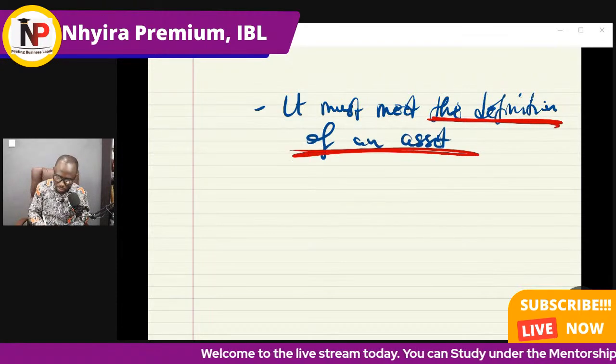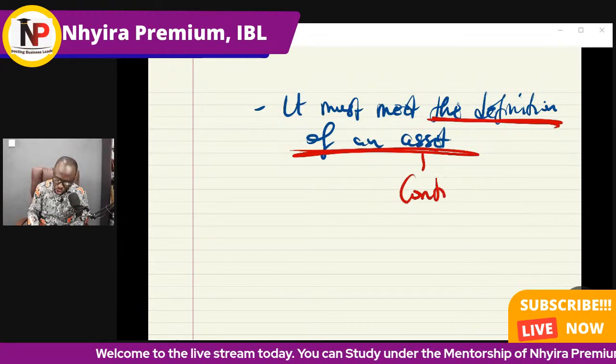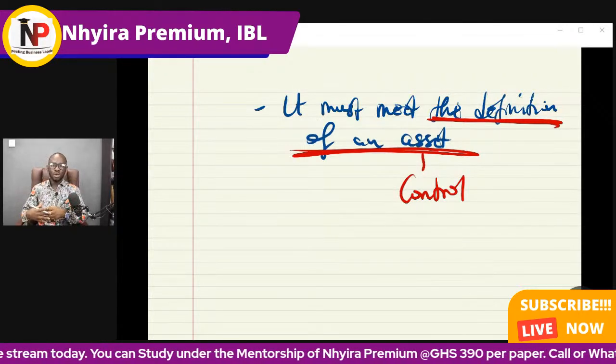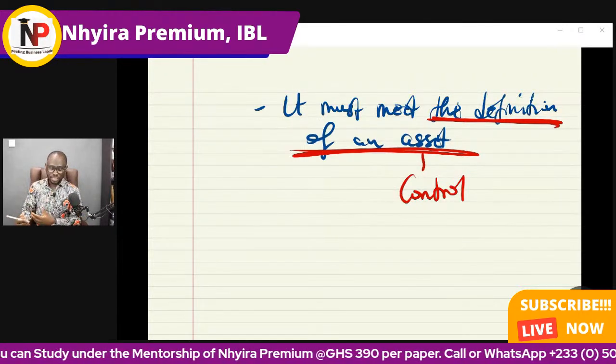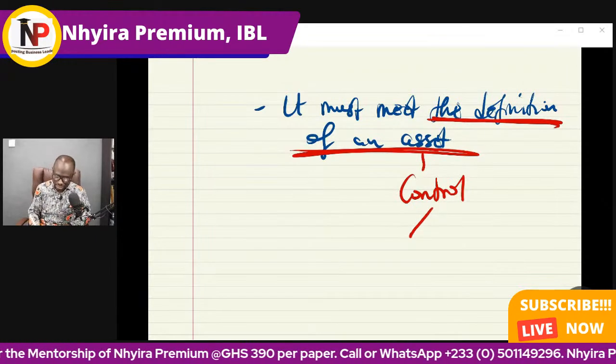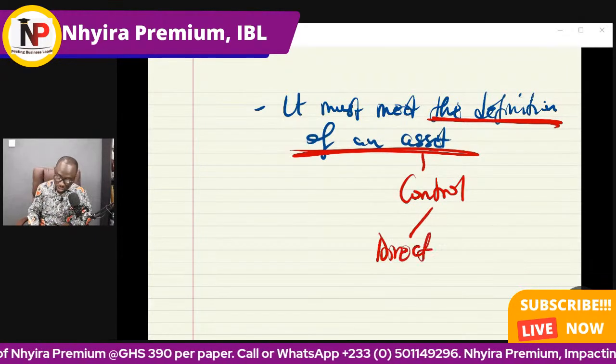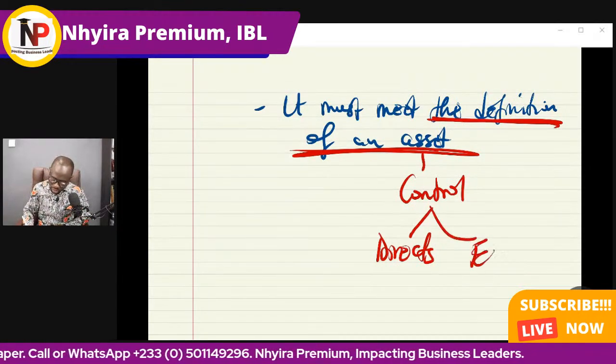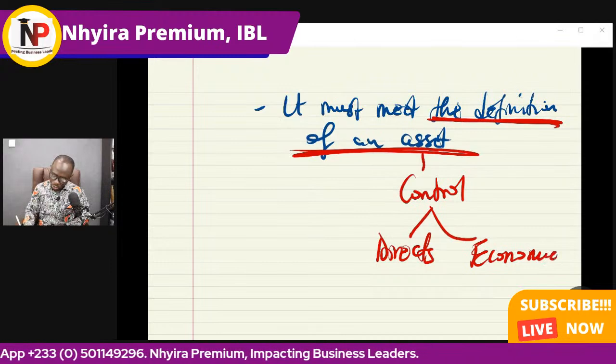Very critical, meaning that the entity controls the asset. And remember, we said that when we say the entity controls the asset, it simply means that the entity directs the usage of the asset, and it also means that the economic benefit in the asset flows to the entity.